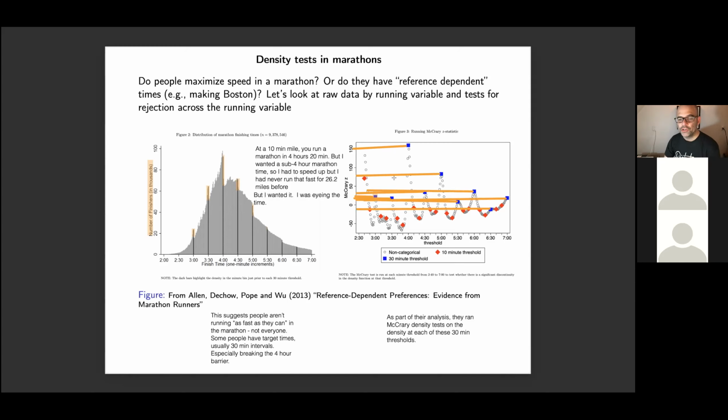You're seeing right here these Z statistics. The Z statistic on the McCrary density test is one of our statistics to tell us whether we reject the null of smooth density at C0.